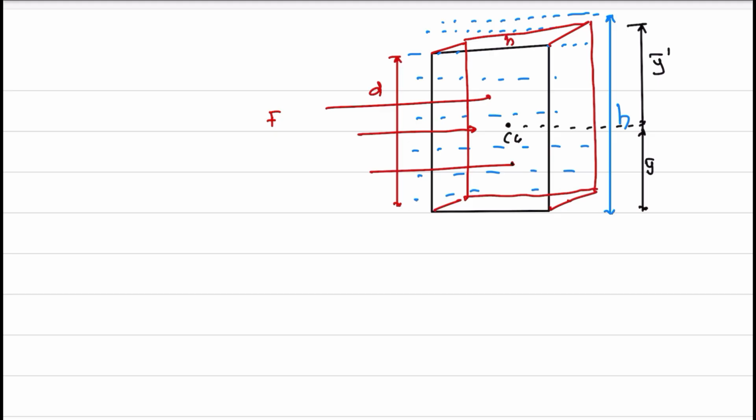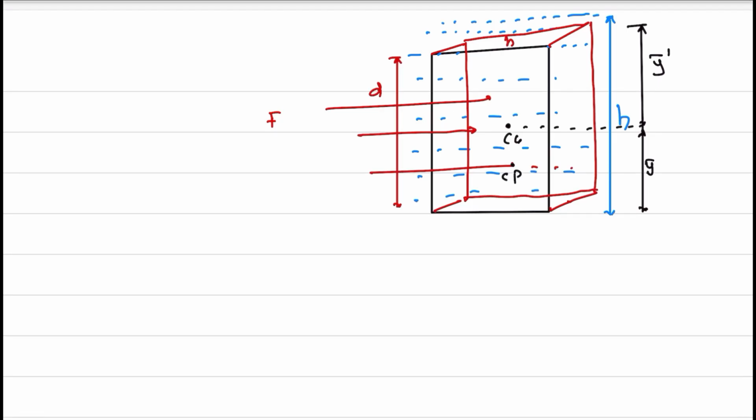This point, let us say, is the center of pressure. Please remember, along with me you might have drawn this diagram. Whenever I draw the diagram, please draw along with me, either H bar or HC. Then what is the quantum of it?